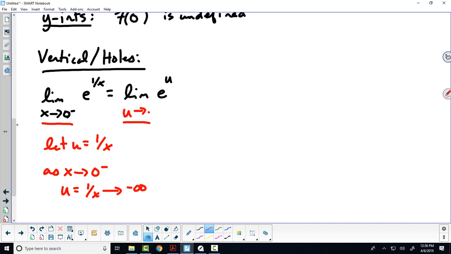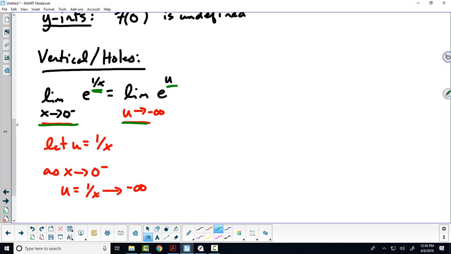Okay, so pay attention to what I did here. We started off with the limiting variable x approaching 0 from the left for this function, 1 over x. But we went ahead and did a u substitution on that, and because of that I had to also adjust the limiting variable.